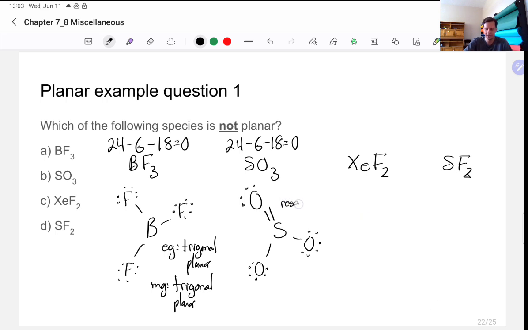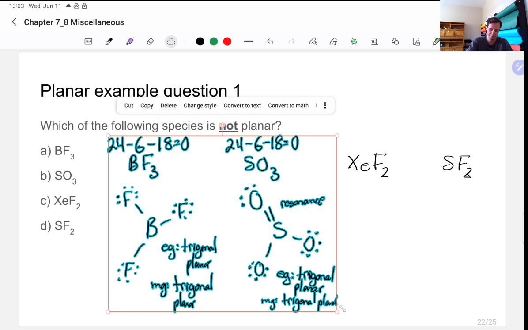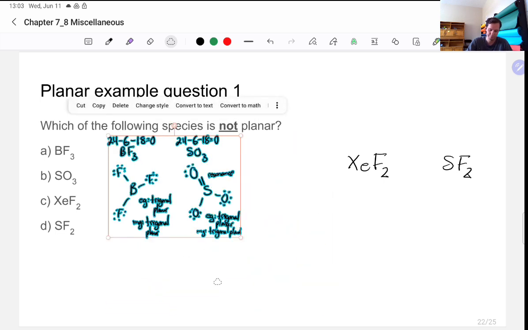So this is resonance, but that doesn't really apply to the question because we can see that the electron geometry is going to be, with those 3 groups, trigonal planar, and the molecular geometry is also trigonal planar, so this is in fact planar. Okay, I'm going to shrink these a little bit, give myself a little more room.